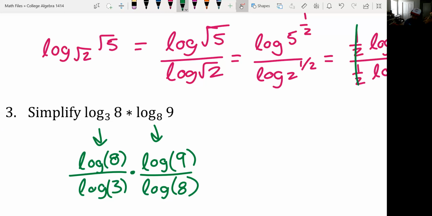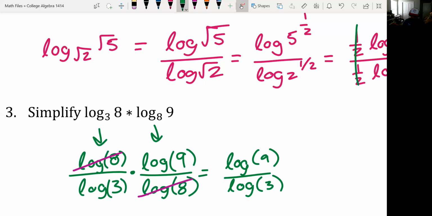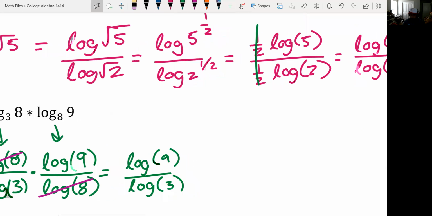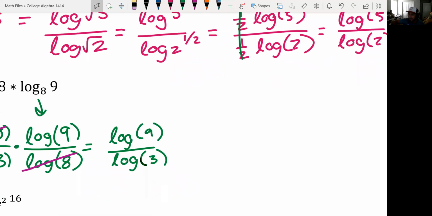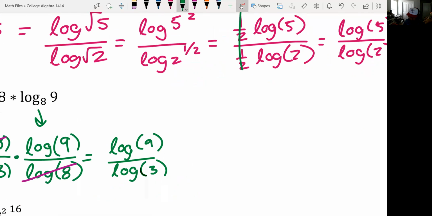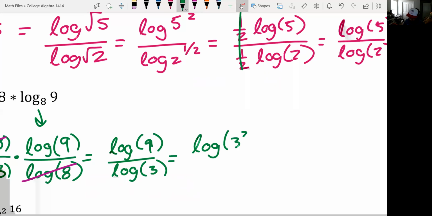And now you see that your log 8s will cancel, and you're left with log 9 over log 3, where for now, you can type it in a calculator, but I want to have more log fun. So log 9 can actually be changed into log of 3 squared over the log of 3.